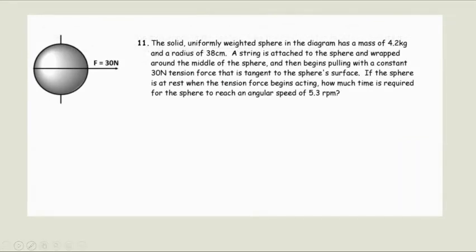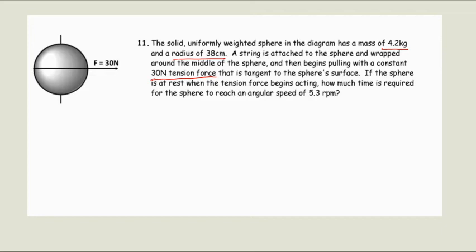So let's look at another question. We have question number 11 from your in-class practice problems, and it says a solid uniformly weighted sphere in the diagram has a mass of 4.2 kilograms and a radius of 38 centimeters. A string is attached to the sphere and wrapped around the middle of the sphere and then begins pulling with a constant 30 Newton tension force that is tangent to the sphere's surface.